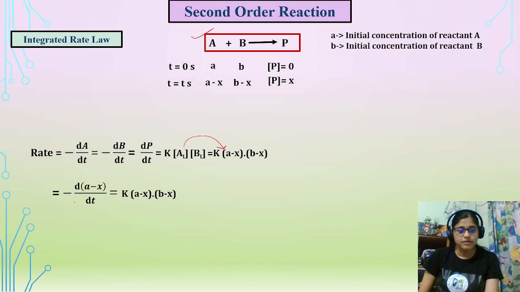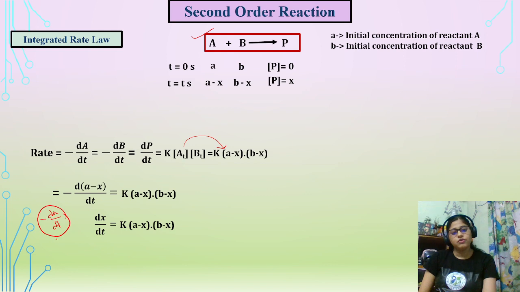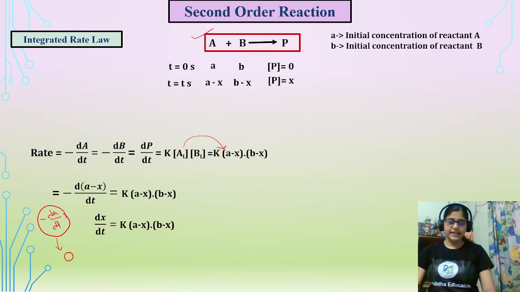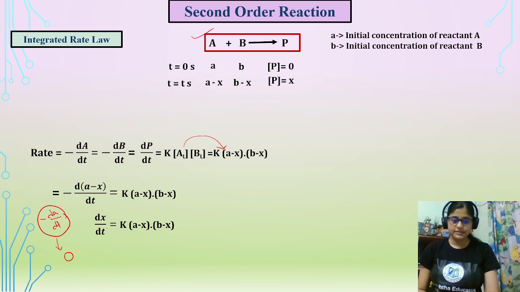Then, if we solve it, minus dA by dt: a is a constant value, so it will be 0. So this will be there only, k into a minus x and b minus x.